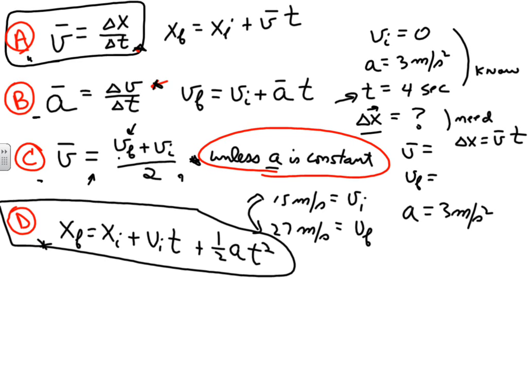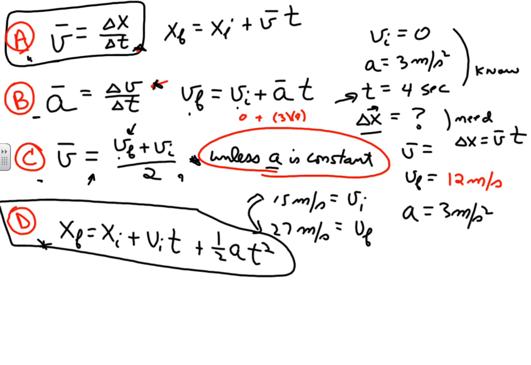So what equation would I use? Well, wait a minute. Equation B has V final in it. Look at this beautiful form. 0 plus 3 times 4. So what's V final? 12.